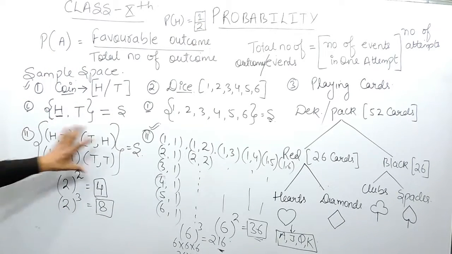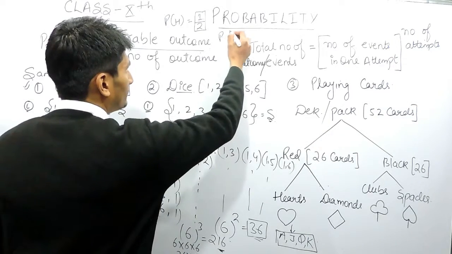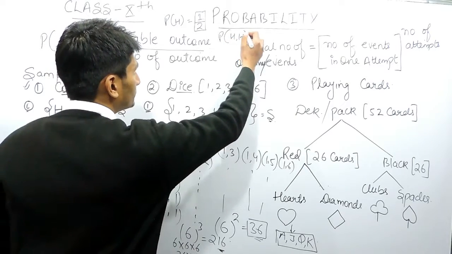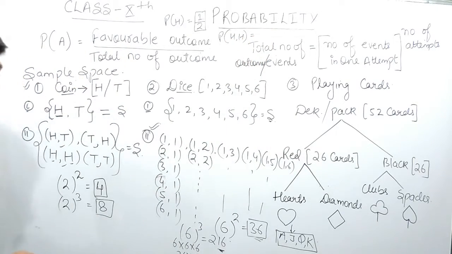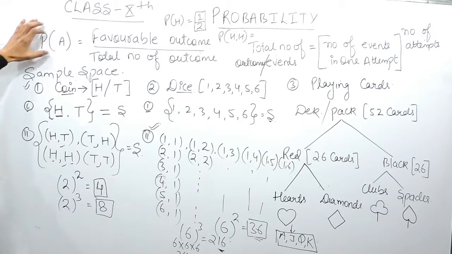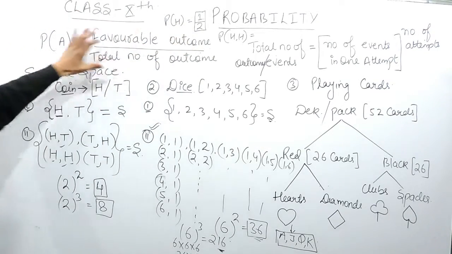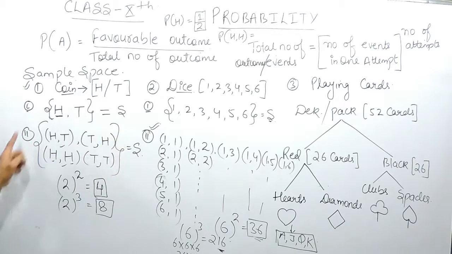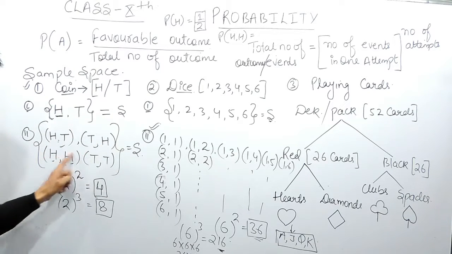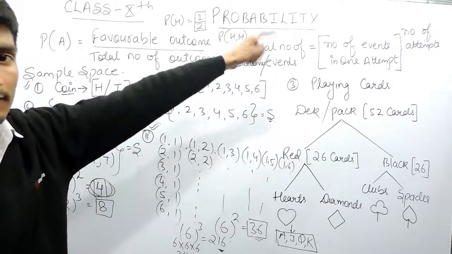Similarly, in the second case, if you are tossing 2 coins and you want to find the probability that in both cases head will come, again you have to use the same formula: the probability will be equal to the favorable outcomes upon the total number of outcomes. The total number of outcomes are 1, 2, 3, 4, which we have already calculated using that formula.